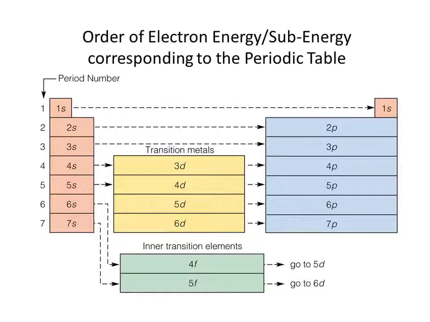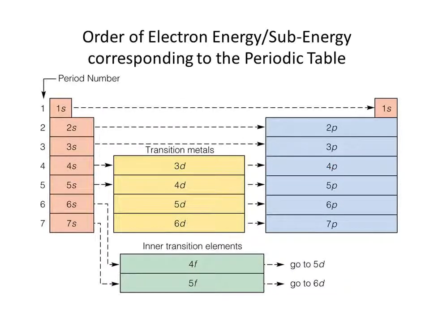Then the next energy level has 3S, 3P, and 3D. Now, remember that the 4S fills before the 3D, and then you're back to the 4P. As far as energy, that's it.